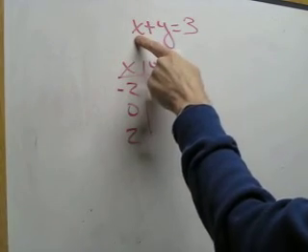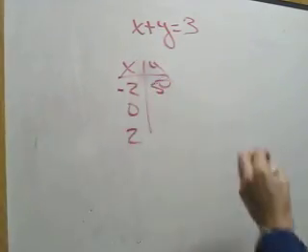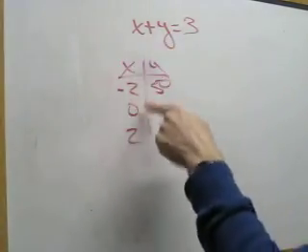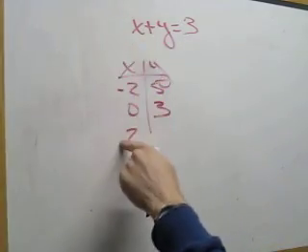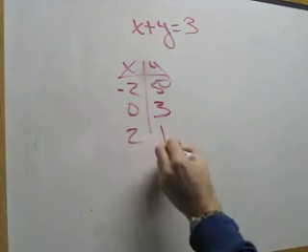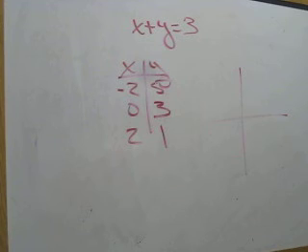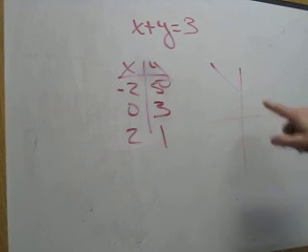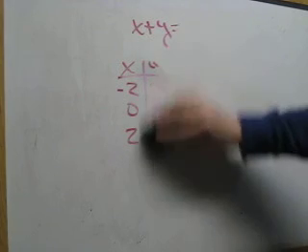If x is -2, -2 plus something is 3, which in this case is 5. If x is 0, 0 plus 3 is 3. If x is 2, 2 plus 1 is 3. Okay, so there's my 3 points. Then they're asking me to graph that and draw a picture of that equation by connecting the 3 points. So that's what they're asking for in that lesson. All right. Other than that, I think you're good to go with 4.9.